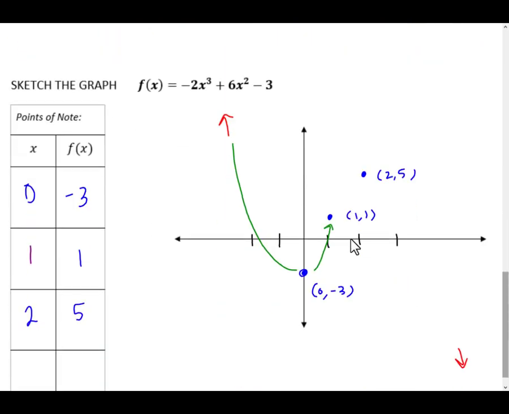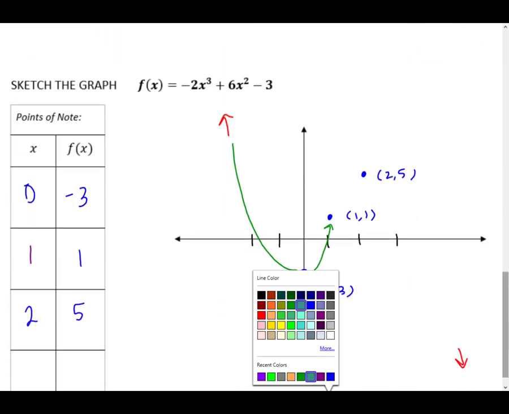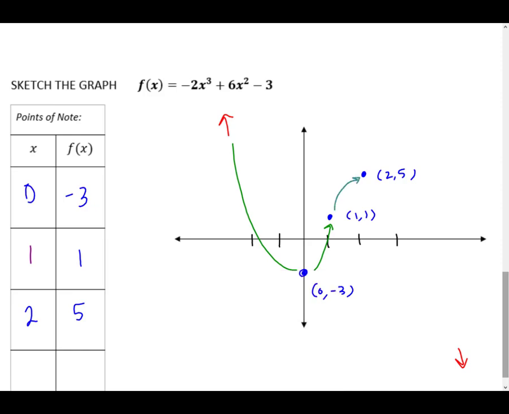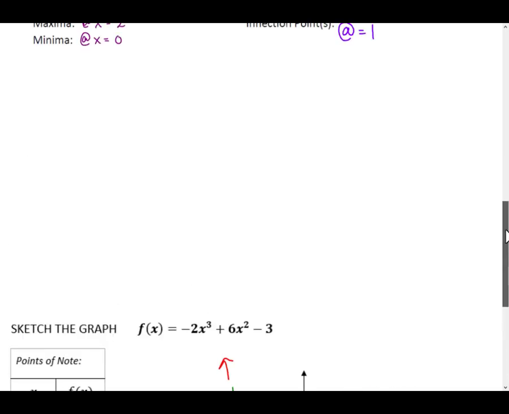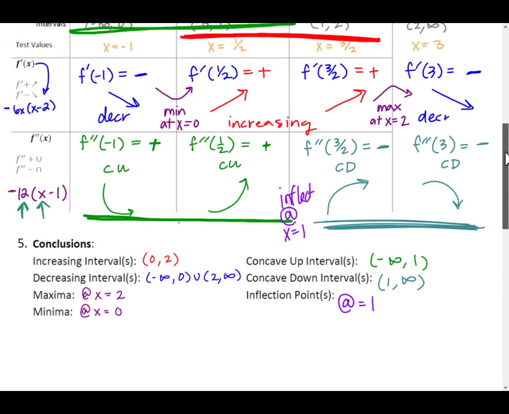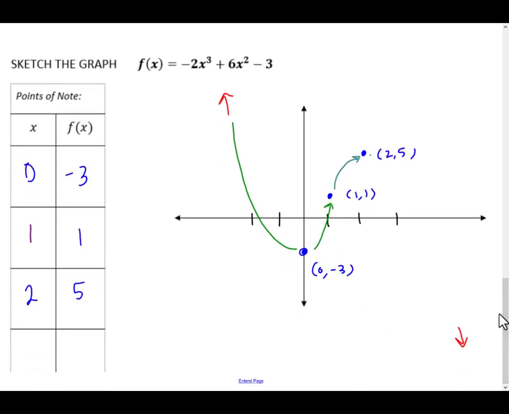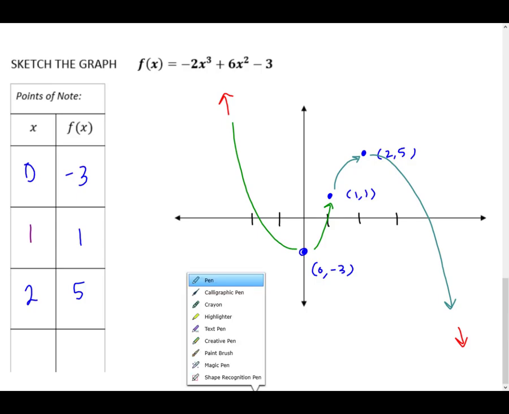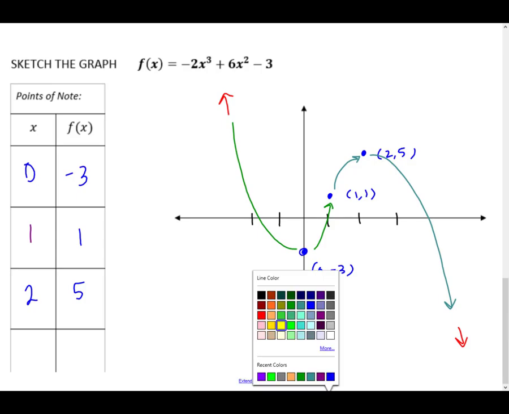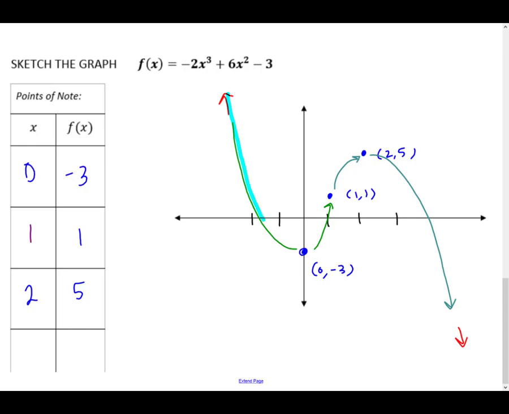So what does increasing concave down look like? Sort of like that. And then at x equals 2, once we moved beyond that, we were decreasing concave down. So the graph goes down like this. And that is the general idea of how we graph this curve.